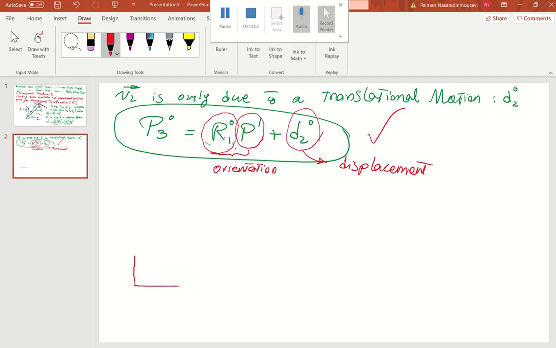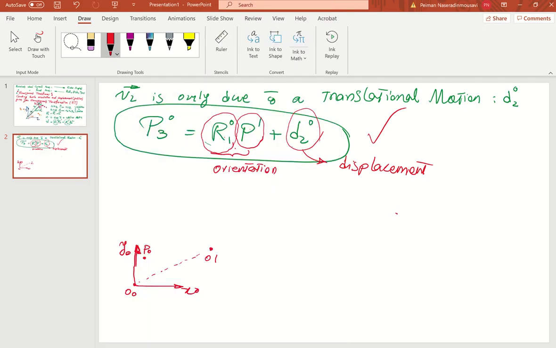Look at this. You have this fixed coordinate frame, and you have a point P on it, say P0. Then I am transferring the origin to O1, and at the same time rotating this fixed frame by the angle theta 1.